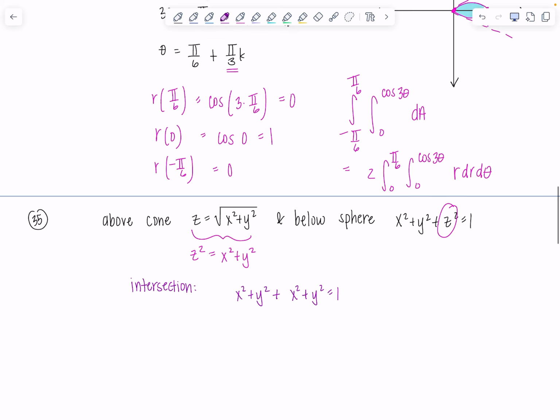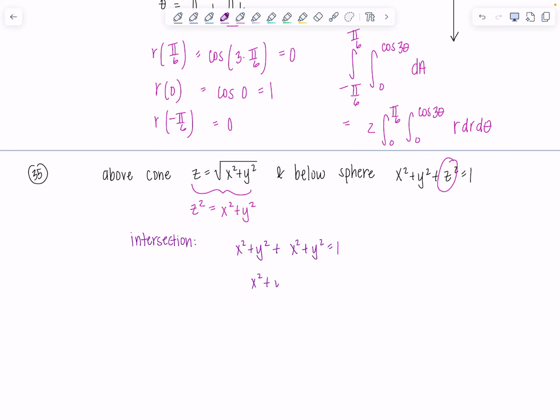So then you get x squared plus y squared equals 1/2. So what's the radius? 1 over root 2. Good. And then they're basically going to intersect if x squared plus y squared is 1/2 when z equals the square root of 1/2, so also at 1 over root 2. And notice we're using just the upper half of the cone because we only have the positive radical.